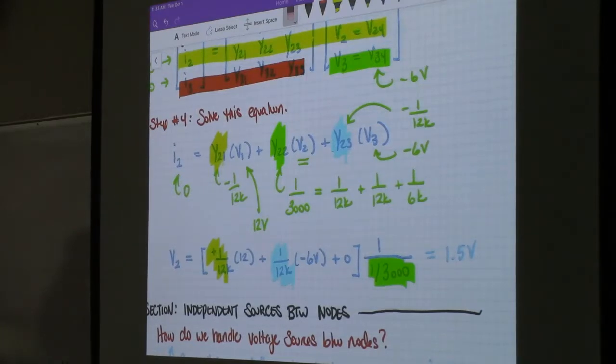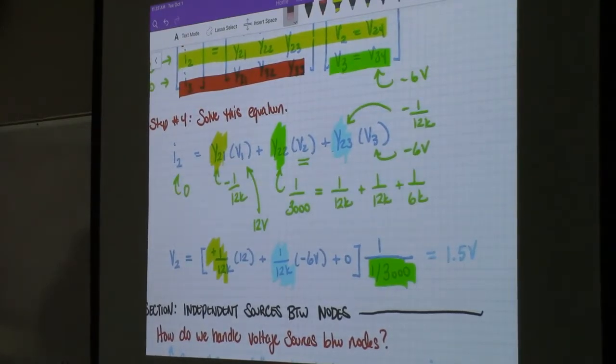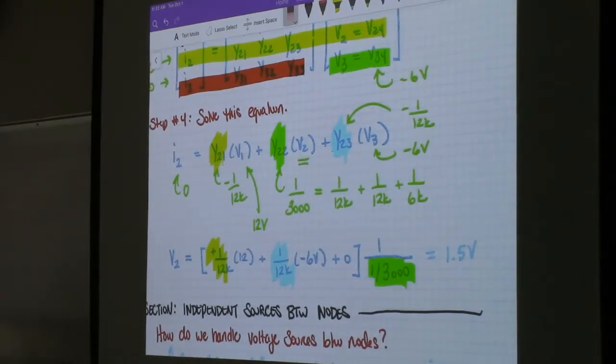Is there a reason that you're adding all of those together, because it's like the resistance values in series, but then because it's Y22 it's the 1 over R? So we're just using our by inspection method.